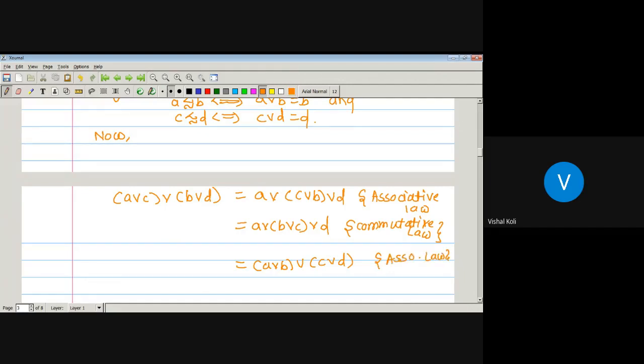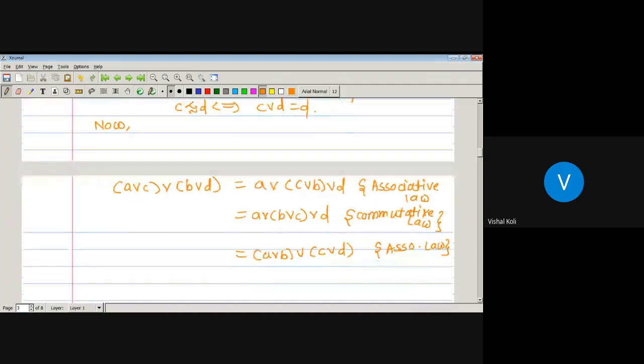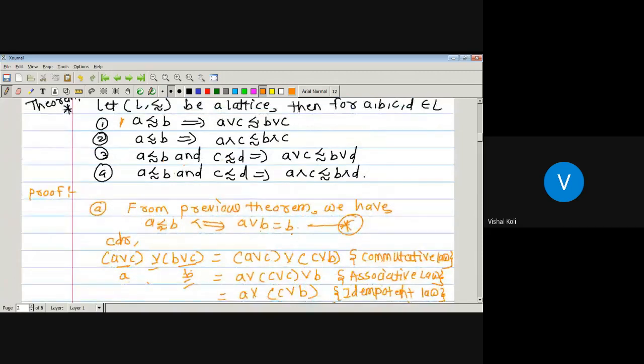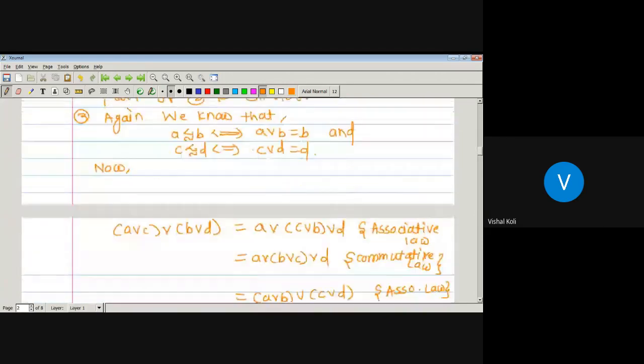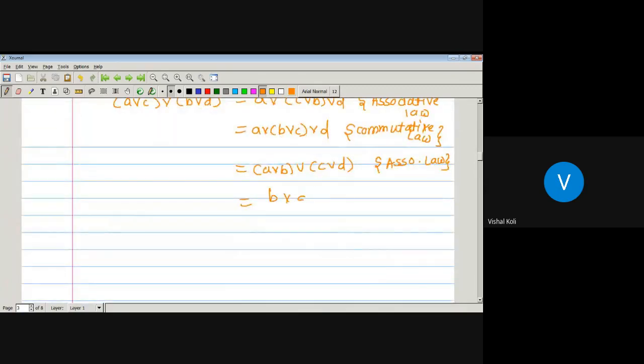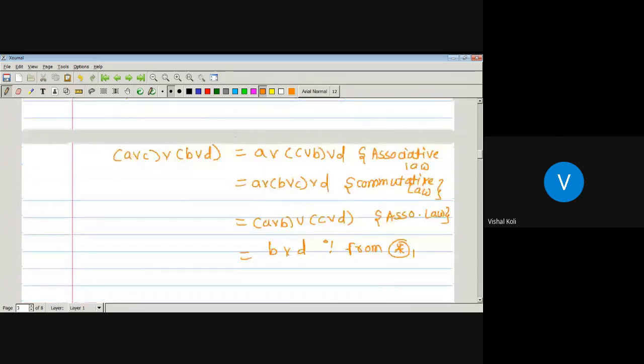But in the third one we are given that A precedes B and C precedes D, and as A precedes B, we know that A join B will be equal to B, and C precedes D implies C join D equal to D. Just put those values: A join B will be equal to B and C join D will be equal to D, which is from star 1. Take this one as star 1.